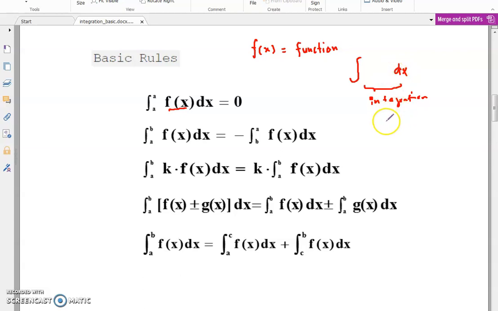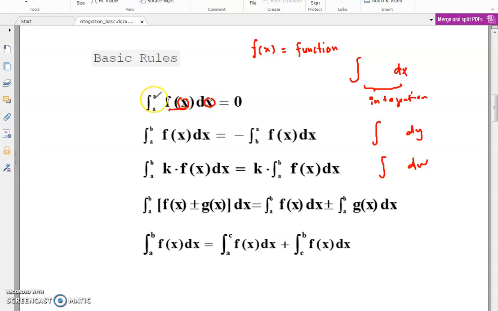If you use the variable y, we integrate with respect to dy. If you use the variable w, you get integration with respect to dw. So it depends on your variable. In this case, let's say we use the variable x, so we integrate with respect to x.